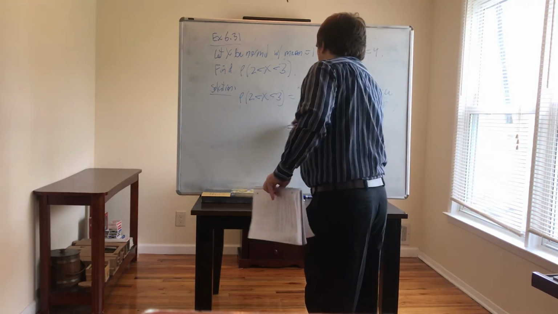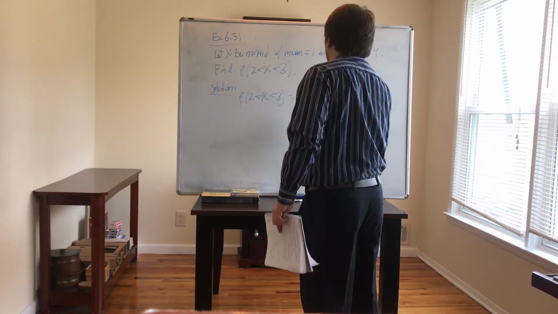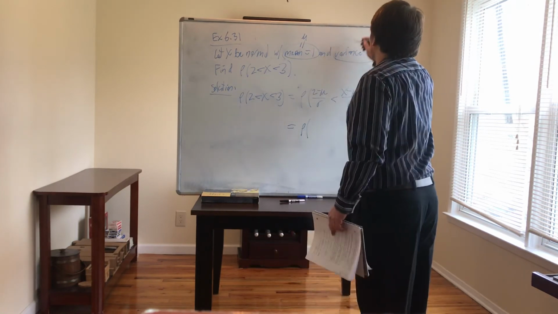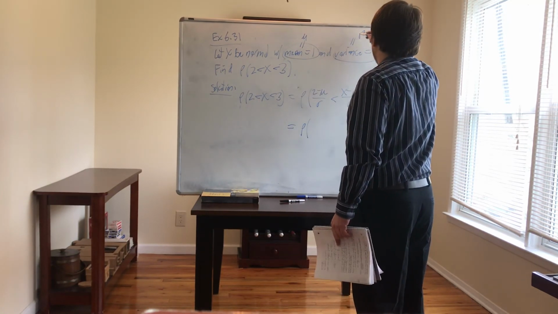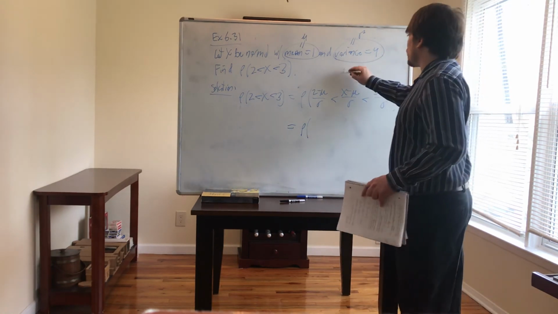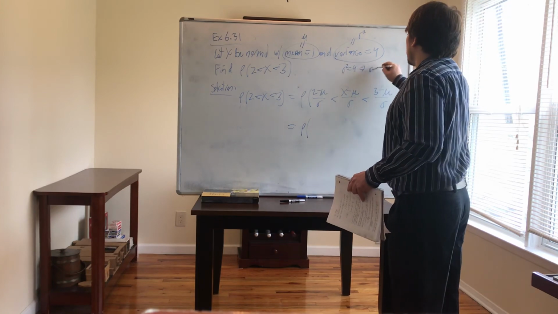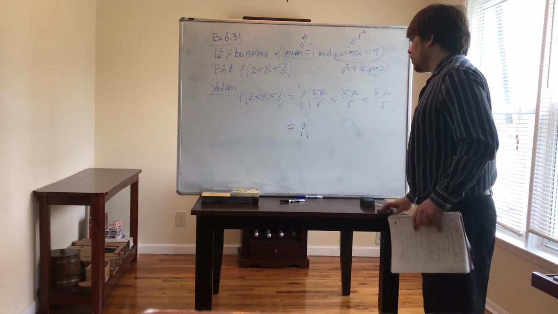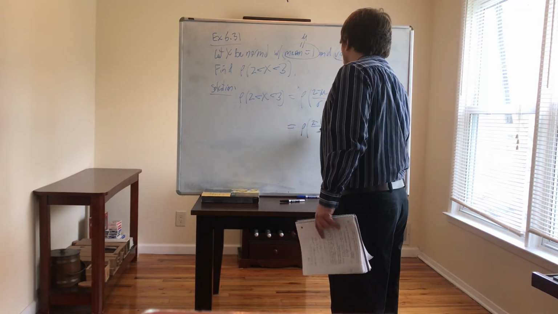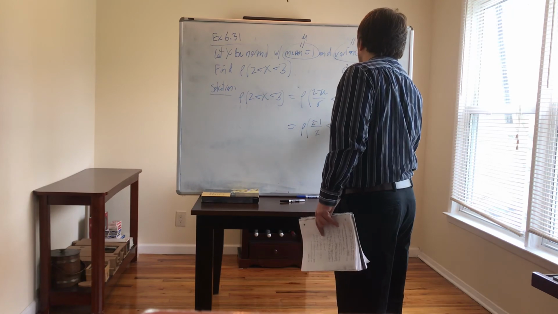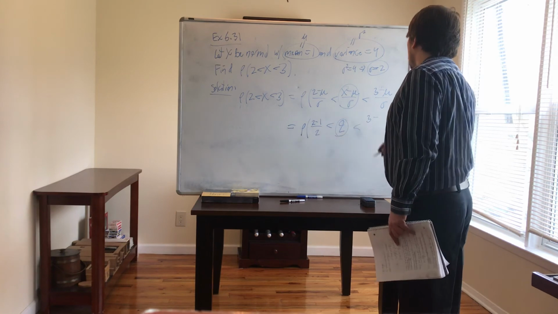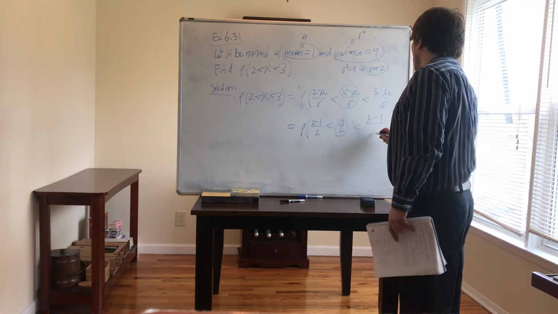And so this is equal to the probability by plugging in the mean, which is mu, and the variance, which is sigma squared. So if sigma squared is 4, that implies sigma is 2. So this is the probability that 2 minus 1 over 2 is less than z, where z is x minus mu over sigma, which is less than 3 minus 1 over 2.